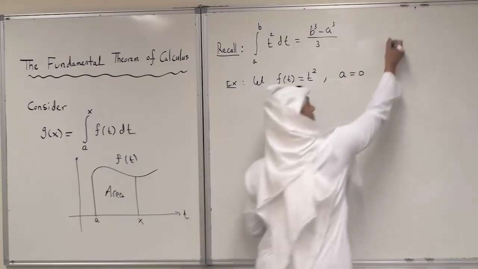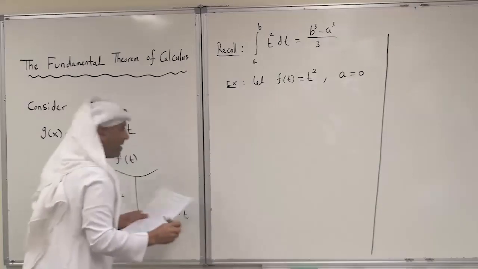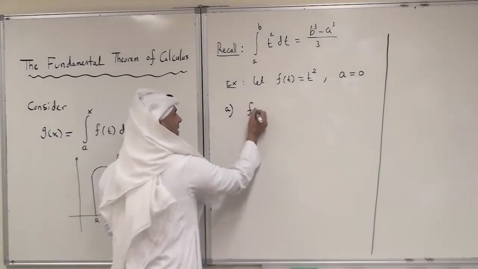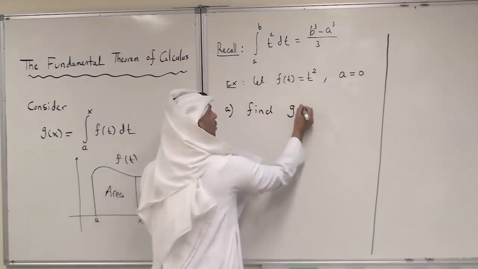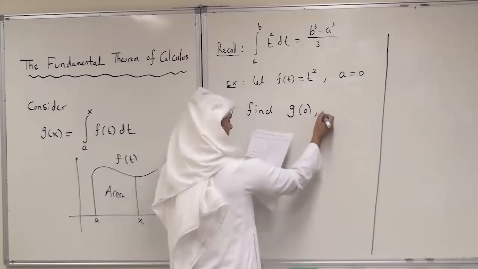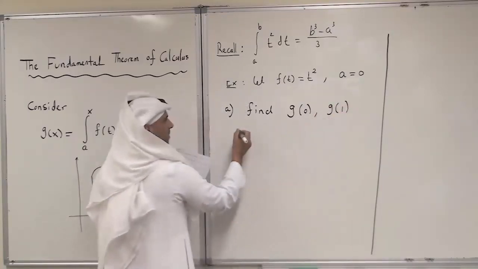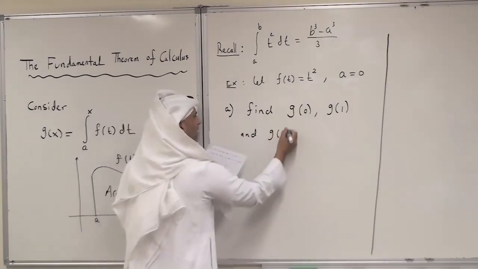Part A: what is the value of the function at 0? What is g of 0? What is g of 1, for example? Let us find more. What is g of 2? What is g of x here?